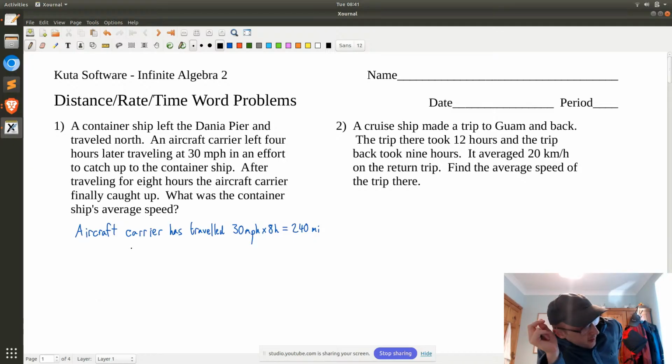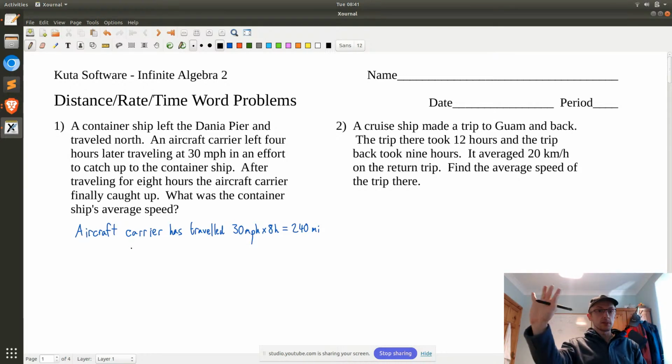Okay, I guess a little bit of fatigue is setting in, but we're going to push forward. So, come on, think, push. So, the container ship must be going less than 30 miles per hour, of course.